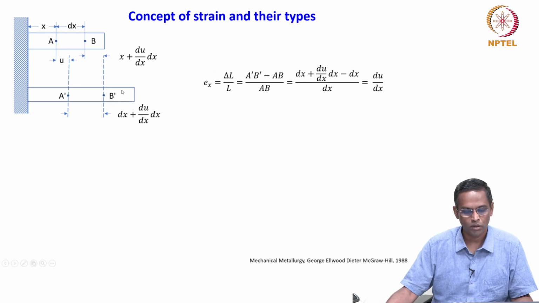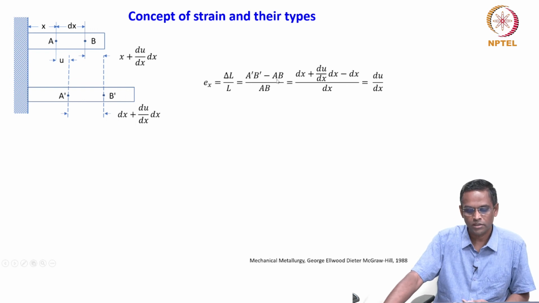Okay. So if you write it in terms of the geometry shown here, it is A dash B dash minus AB divided by AB, and you can just substitute these measures into these equations, then what you see is du by dx.